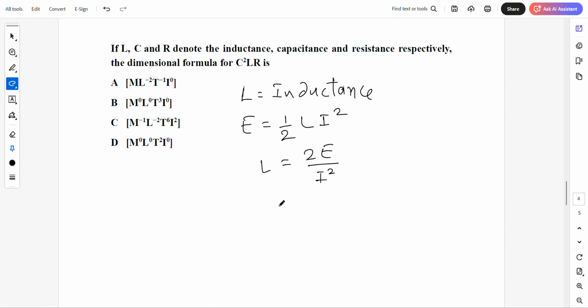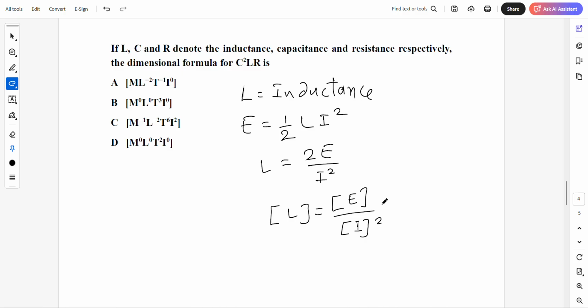So here dimensions of L will be equal to dimensions of E divided by I the whole square. What is energy? Energy is the capacity to do work, that is work done. E is equal to half L I square, L will be equal to 2E by I square.